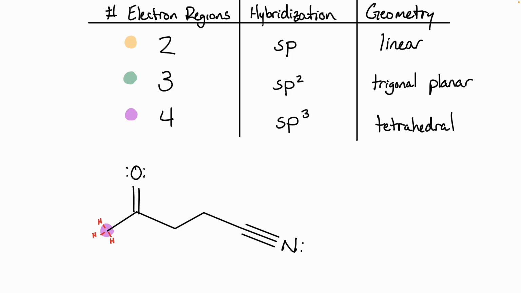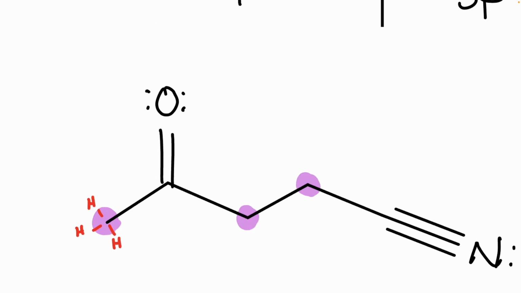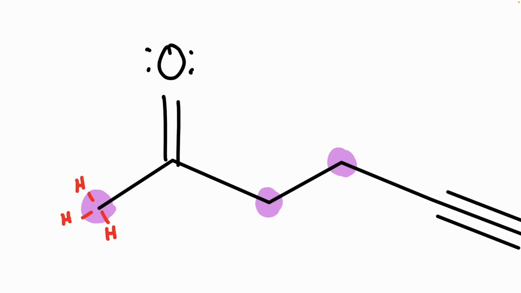All right, so all of these carbons that are fully decorated with 4 bonds would also be sp3 hybridized. Okay, we have 2 more to worry about here. This one and this one. Focusing on this carbon, I'm going to count the number of electron regions.